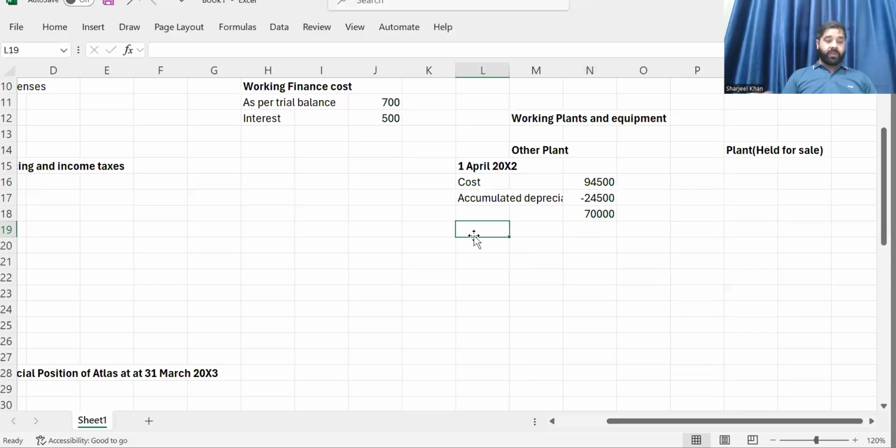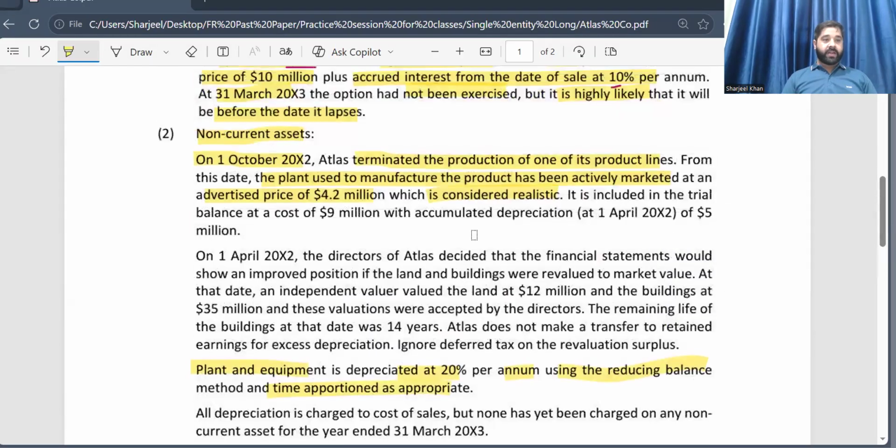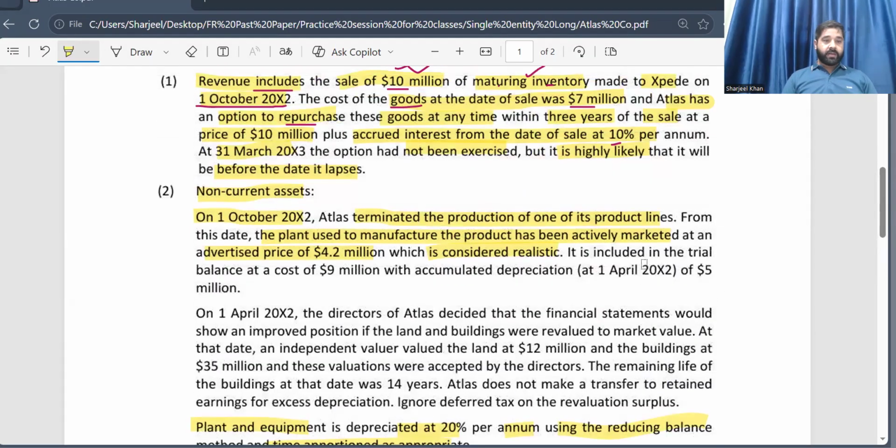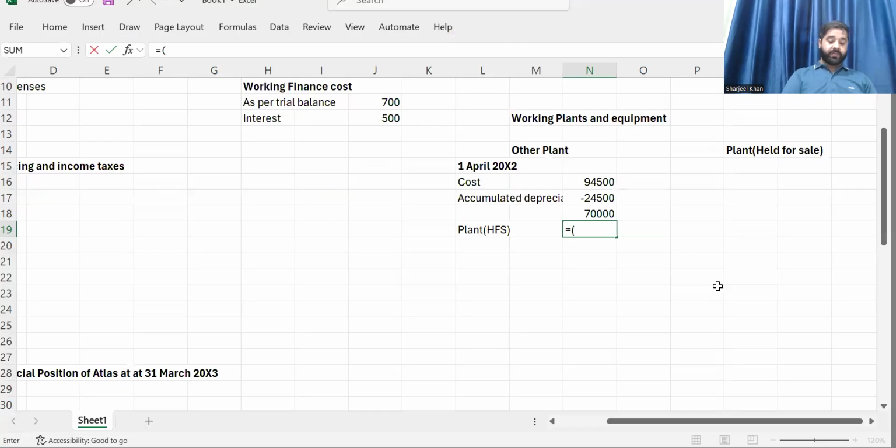So now we have to remove that plant which is classified as held for sale. It is included in the trial balance at a cost of 9 million with accumulated depreciation at the start of the year of 5 million. So it is 9 minus 5, multiplied by 1,000, which is 4,000.